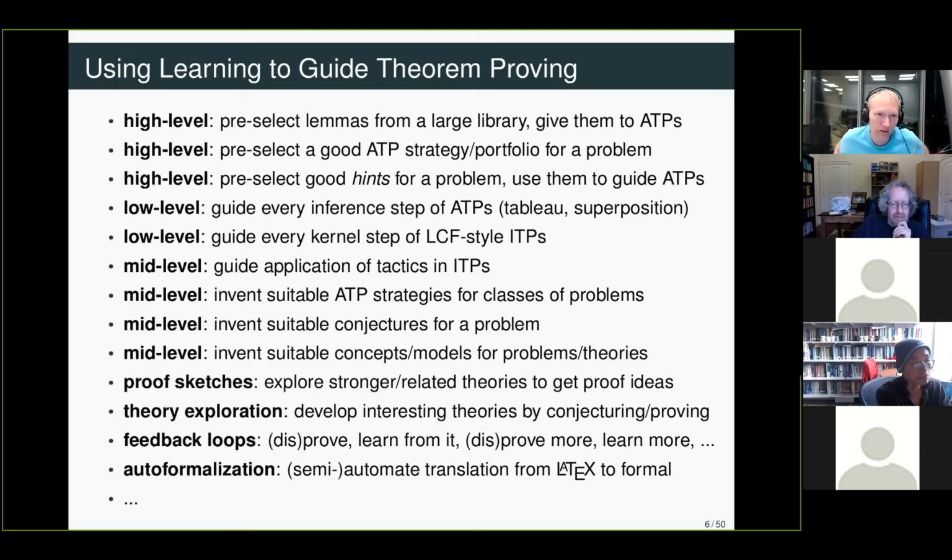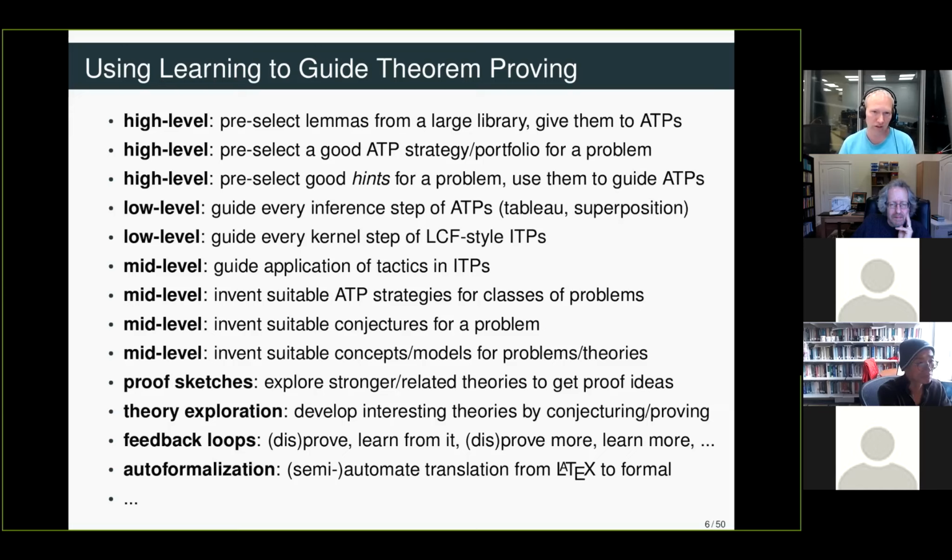So like I mentioned, there are various levels on which we can do things. The most established, and I would say easiest on the engineering side, is, when you have a big corpus and you cannot feed it all to automated theorem provers, to use machine learning from the proofs that you already know, and typically there are many proofs in the corpus, to pre-select the lemmas for your next proof attempt.